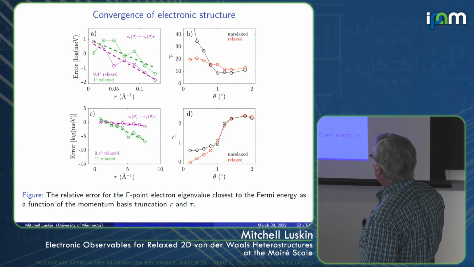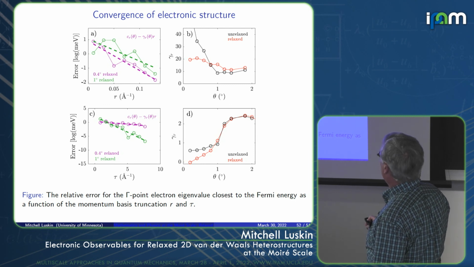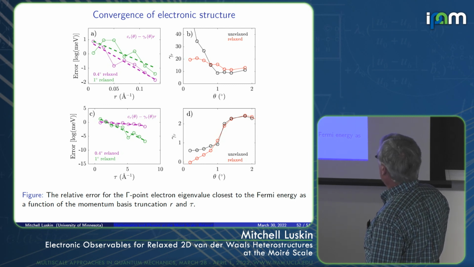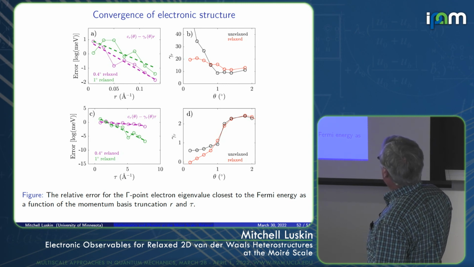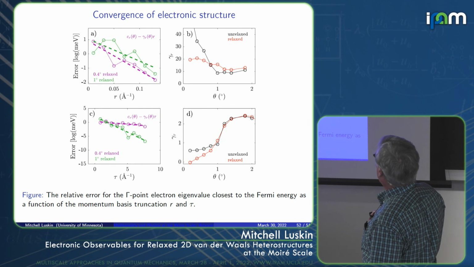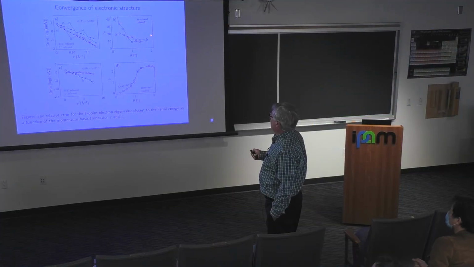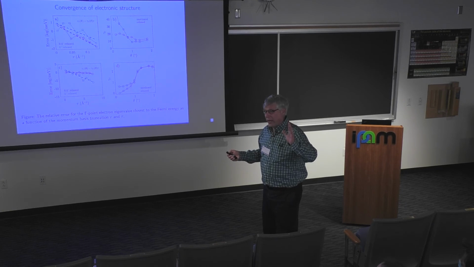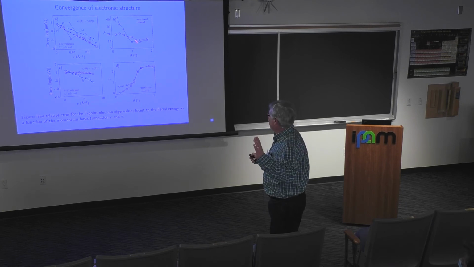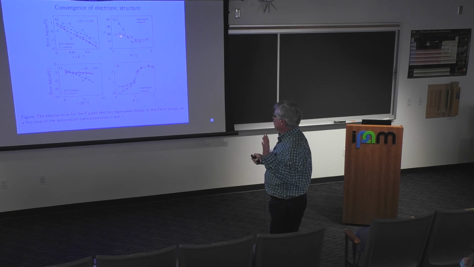As R gets large, you expect a more accurate method, and that's what we see. This shows the effect of R on the angle. In the unrelaxed case the rate of decay really gets fast at small angle, but it's pretty constant for the relaxed problem.